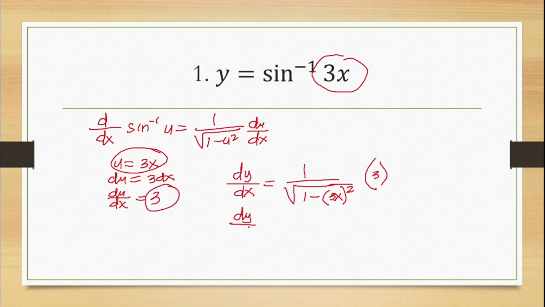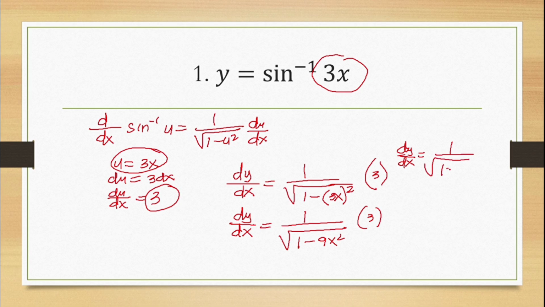So dy over dx is equal to 1 over the square root of 1 minus 9x squared times 3. So simplify this part. So dy over dx is equal to 3 over the square root of 1 minus 9x squared. So therefore this is the answer when y is equal to inverse sine of 3x. So that's it for number 1.